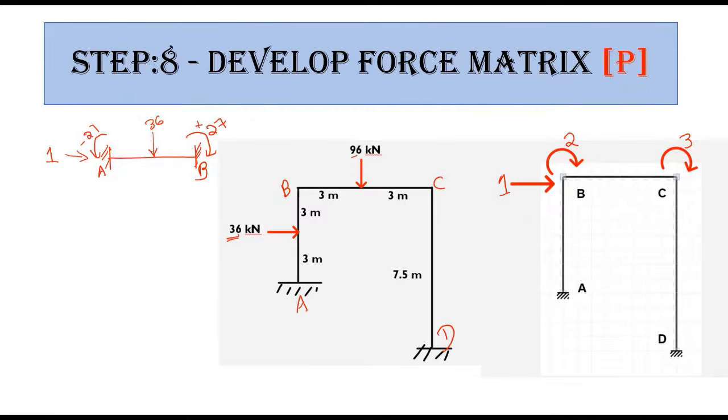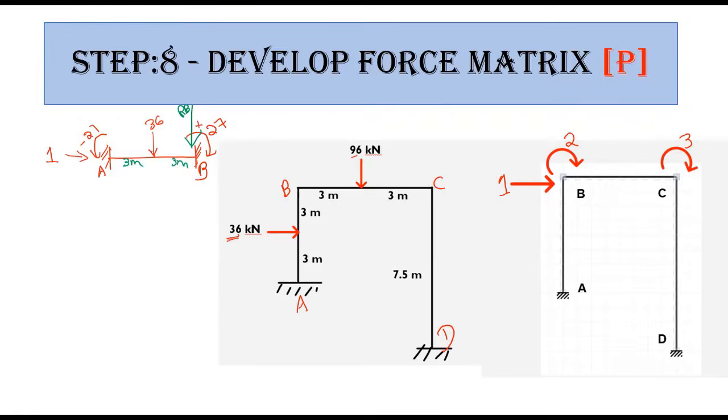I keep this AB in horizontal format. Our first system coordinate will be like this, and I am naming it RB. We have 3 meter, 3 meter.